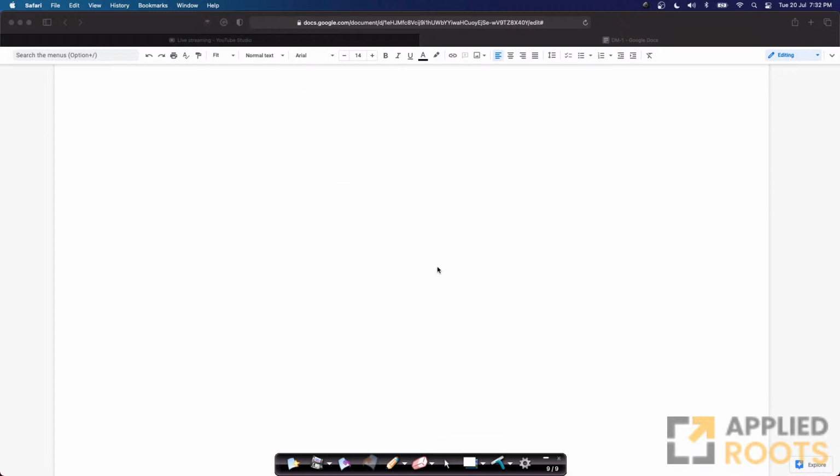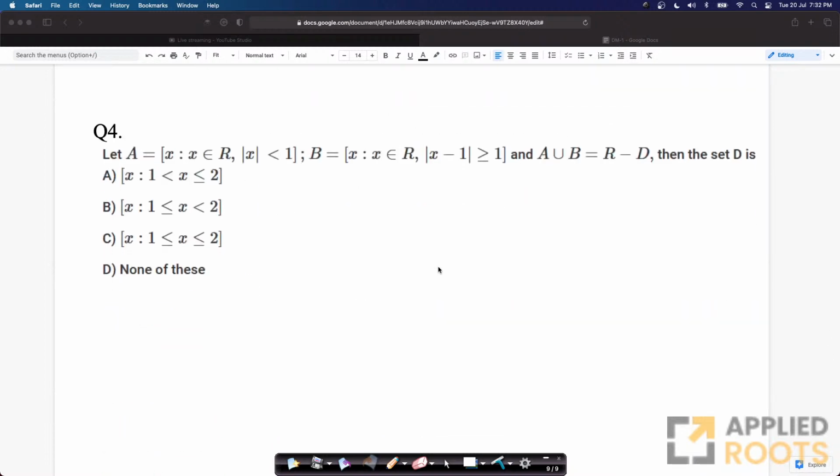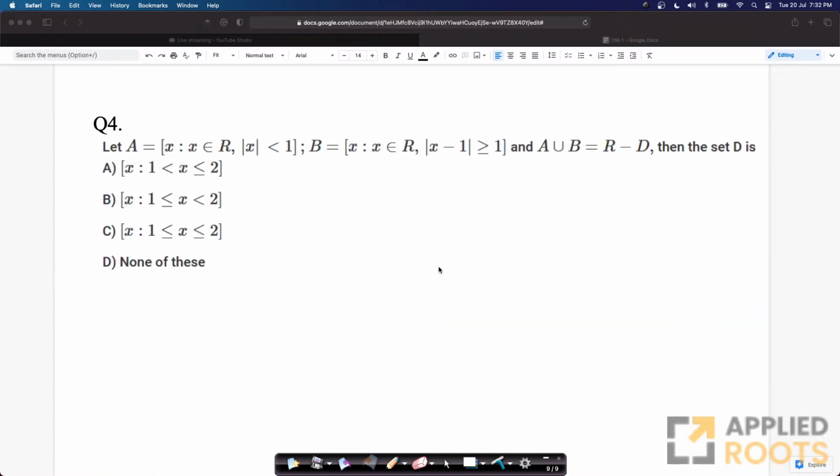Okay, so let's go to slightly more interesting problems. Okay, here is a nice question. So what this means is it is a set of all x.